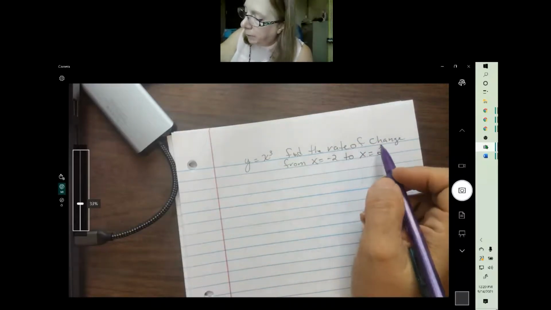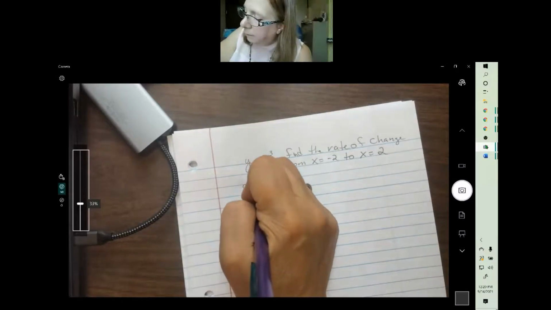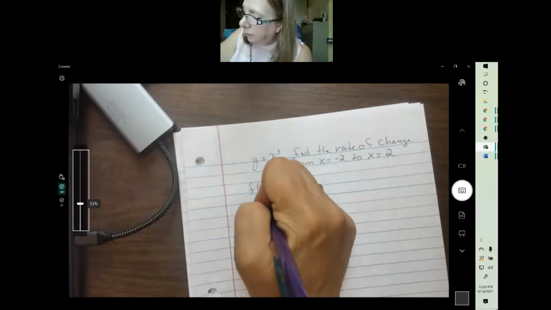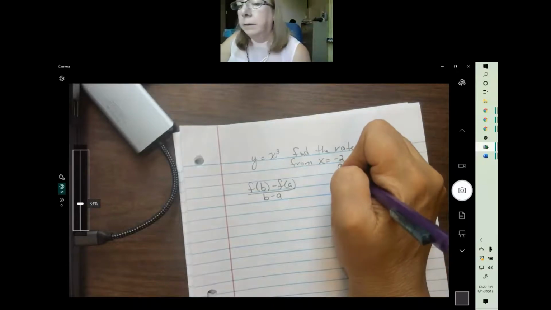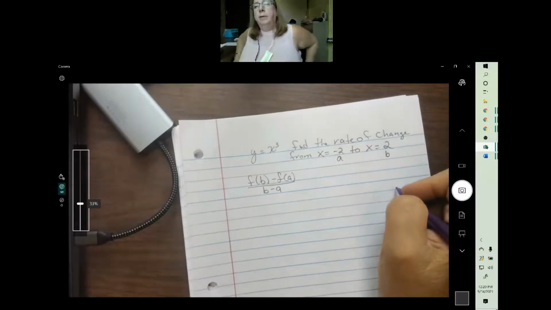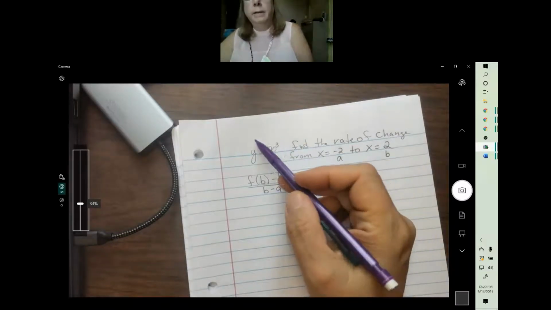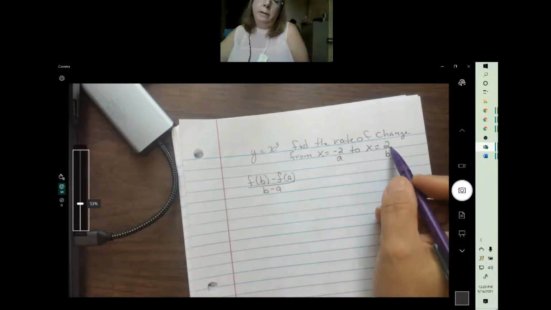Finding the rate of change from two values, that's f of b minus f of a over b minus a, and it goes from a to b. So it didn't matter that it was x squared. That was what was given. Whatever function is given, and a and b will be given.